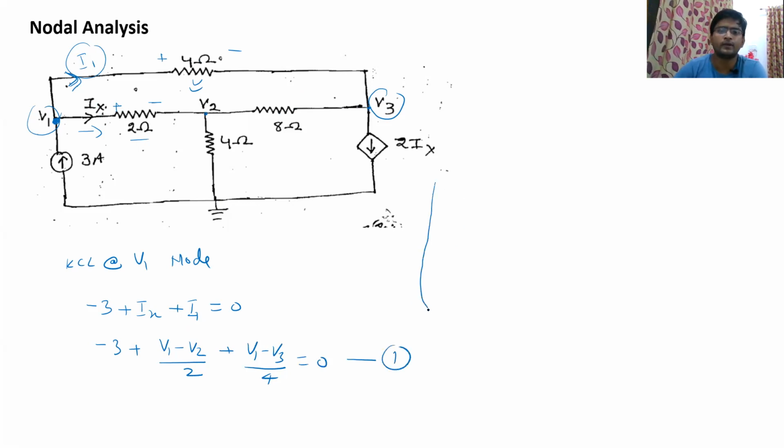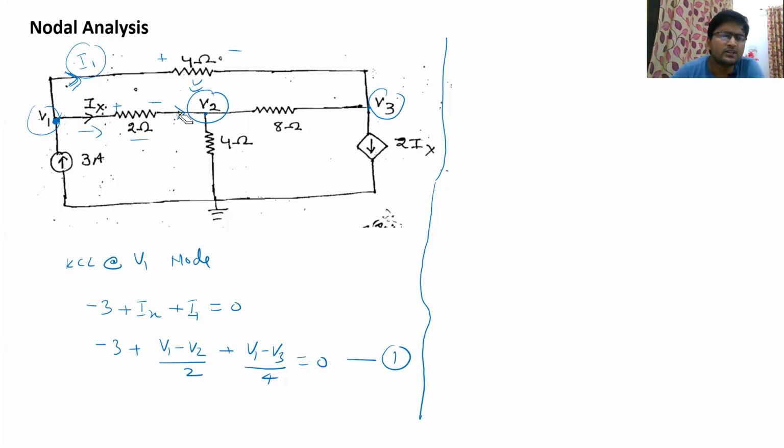Similarly, if you want to write the KCL equation at node V2, how many currents are coming? One current is incoming, which is Ix, right? And here we have not assigned any current value.